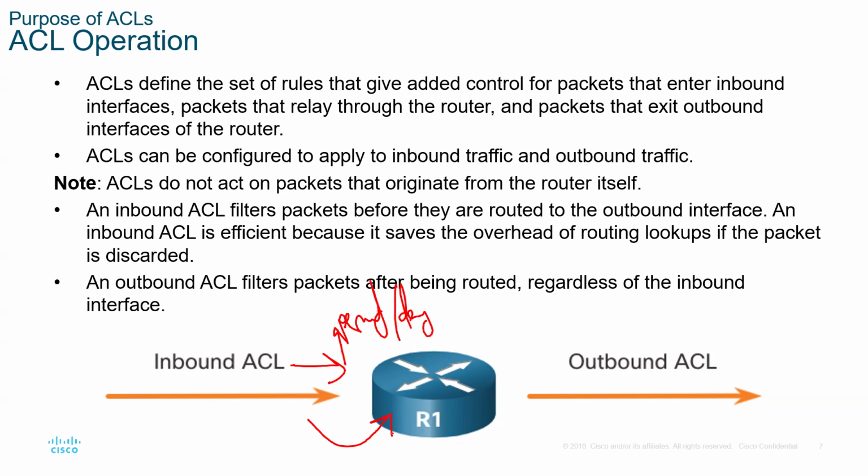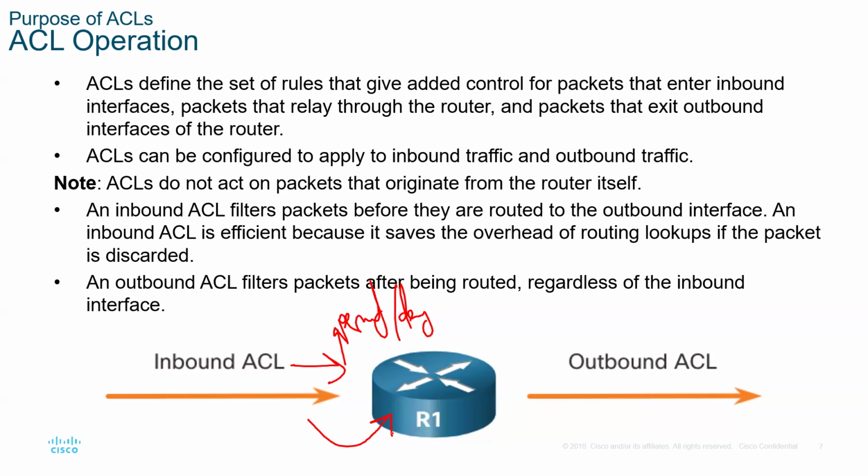So with an inbound ACL, we permit or deny that packet before it has been processed, before routing, before it is decided where it is going. This is usually very effective if you want to avoid unnecessary processing of the packet.